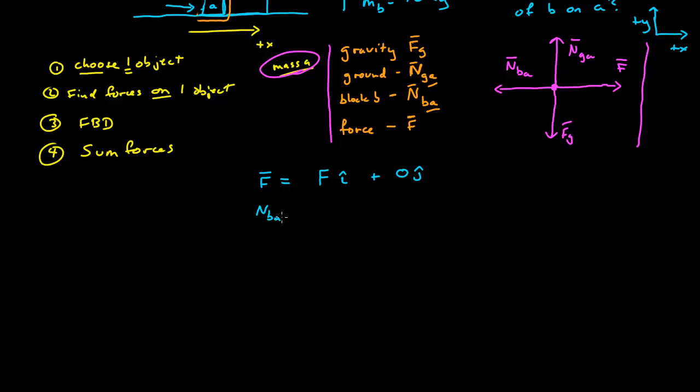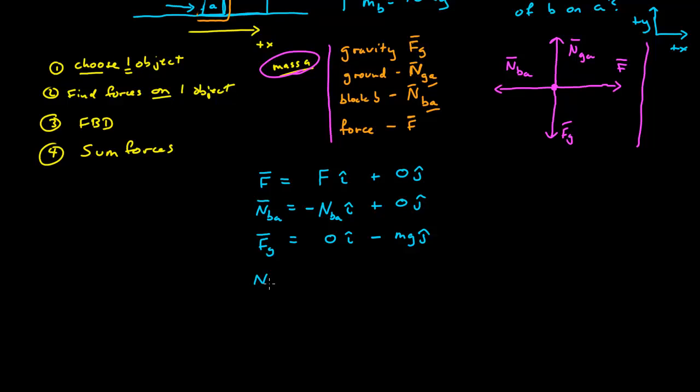So what about the normal force of the block on A? Well, its entire magnitude is also along the x-axis, and from my coordinate system I see that's in the negative x direction, nothing in the y. And so then I have the force due to gravity, which has nothing in the x, and its entire magnitude is in the y, and from my coordinate system I see it's pointing along the negative y-axis.